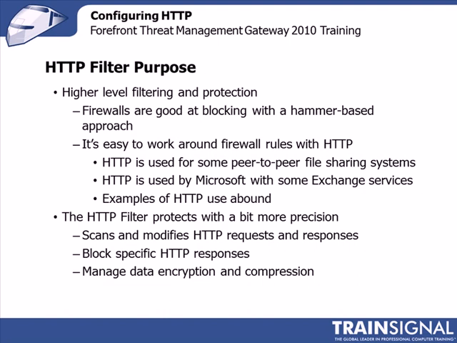And if you think about it, HTTP is used for everything. It's used for peer-to-peer file sharing systems, although sometimes they use different protocols. But HTTP is also used for legitimate uses, obviously, with your typical web browsing, but also some enterprise services. So for example, some of the Exchange services ride HTTP. Outlook Anywhere used to be called RPC over HTTP.